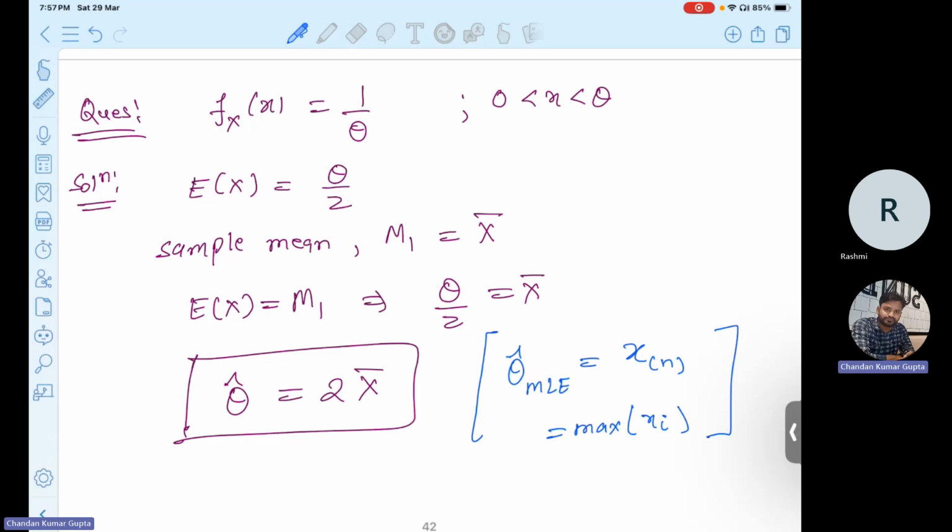For the maximum likelihood estimator, we construct the likelihood function, then the log likelihood function, partially differentiate it with respect to the two parameters, and equate them to zero.